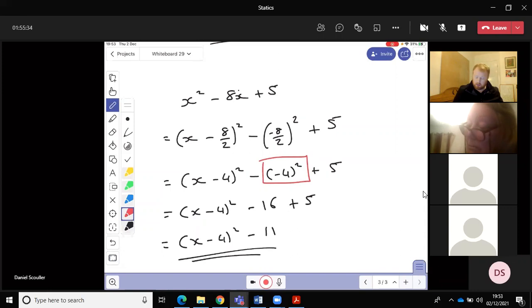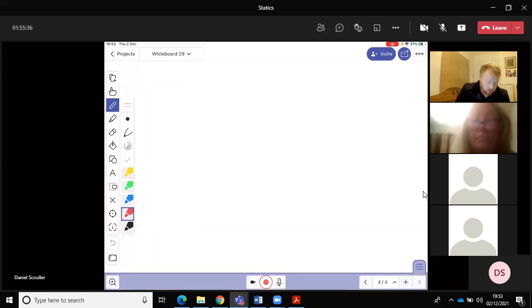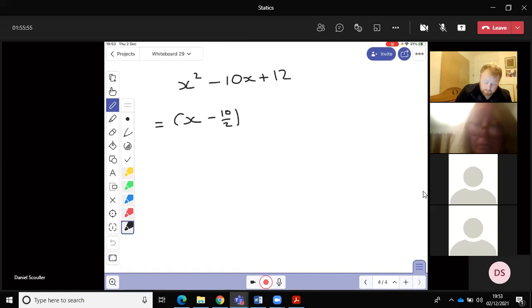Let's do another one with a wee negative in it. Okay, so we're happy with it. x squared minus 10x plus 12. Same process. x minus 10 over 2 squared minus 10 squared plus 12.